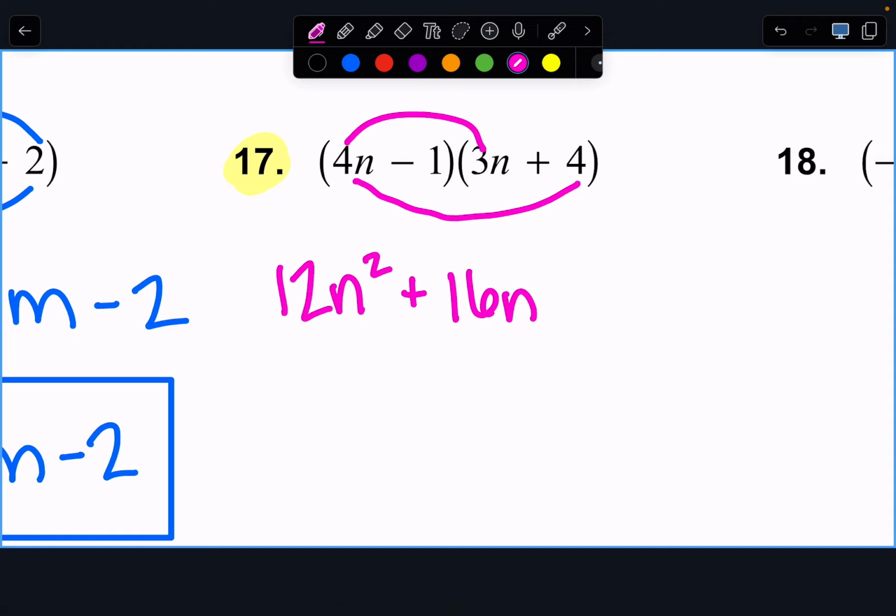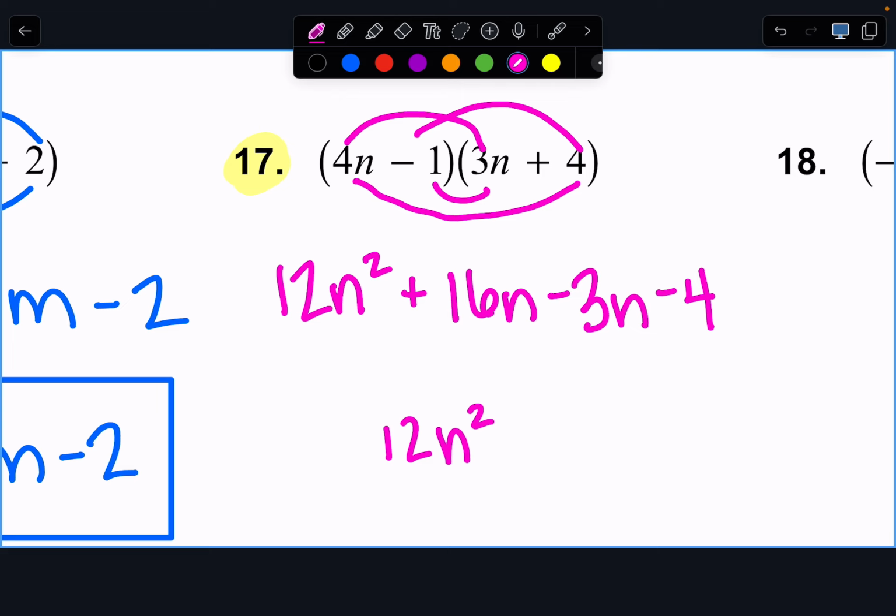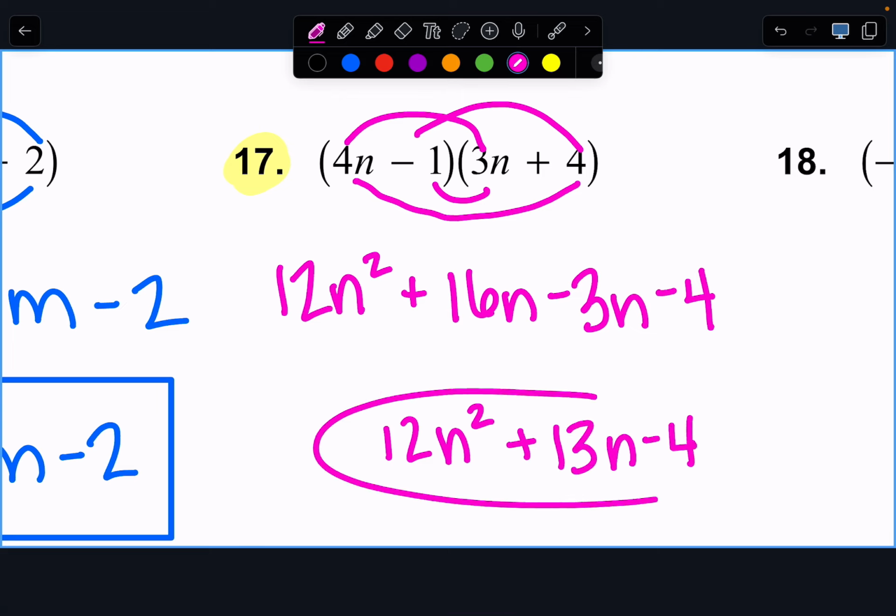Our inside product, minus 3n. And our last product is going to be minus 4. So when we combine like terms, we have 12n squared plus 13n minus 4.